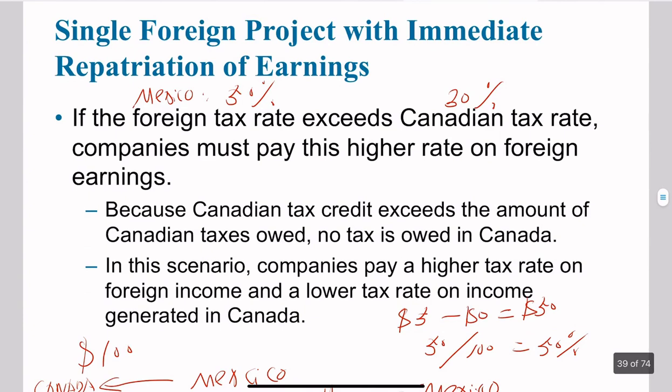If foreign tax rate is larger than the domestic tax rate, then the firm will have to pay this higher foreign tax rate. This basically means that the domestic firm will never be able to enjoy the lower tax rate in a foreign country, right?